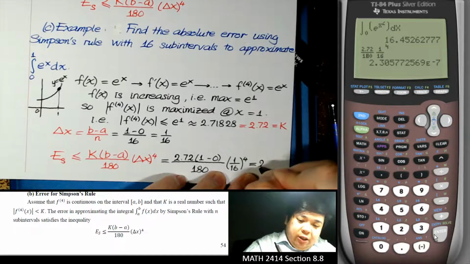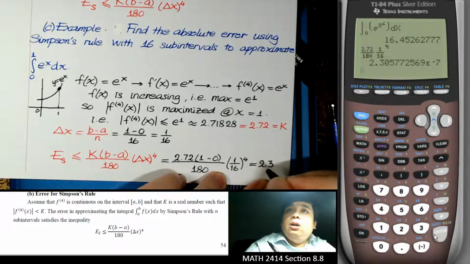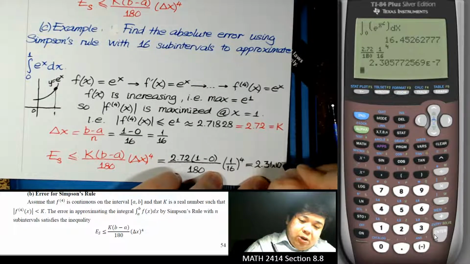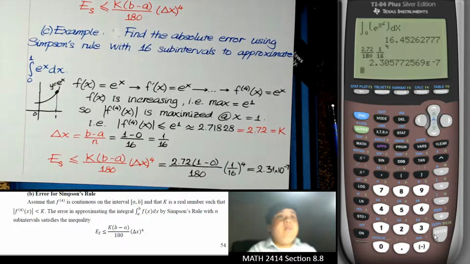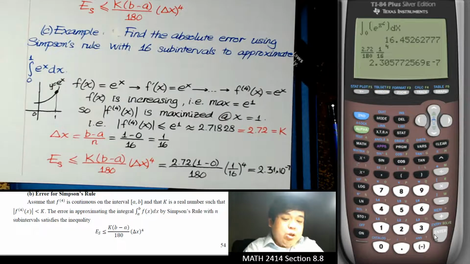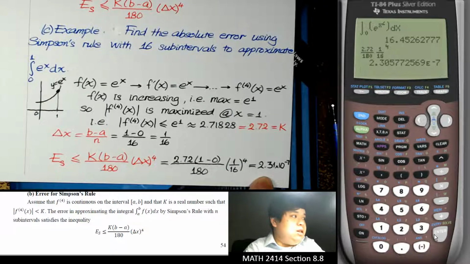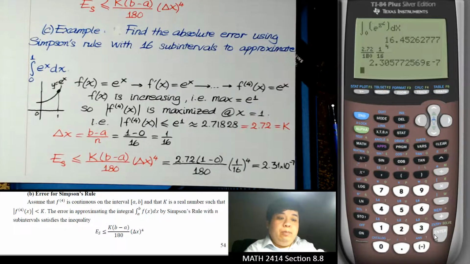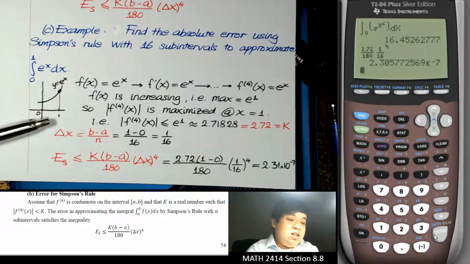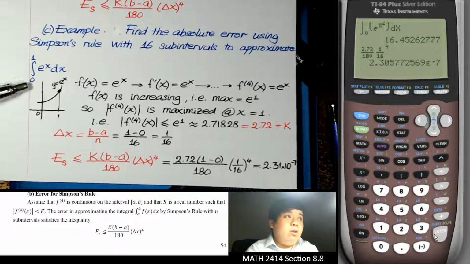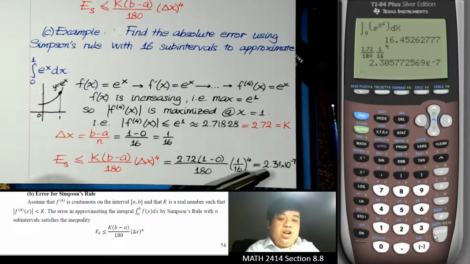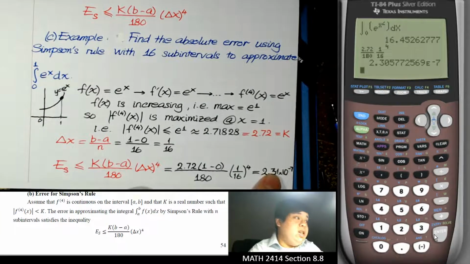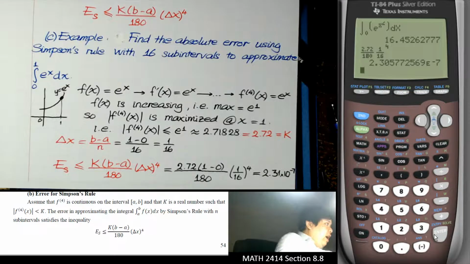So we have 2.31 times 10 to the negative 7, meaning that the error using Simpson's rule will not be more than this. This is the maximum absolute error using Simpson's rule. So if we use Simpson's rule using 16 subintervals from 0 to 1 for that function, the error cannot be more than that. This is the worst case scenario.